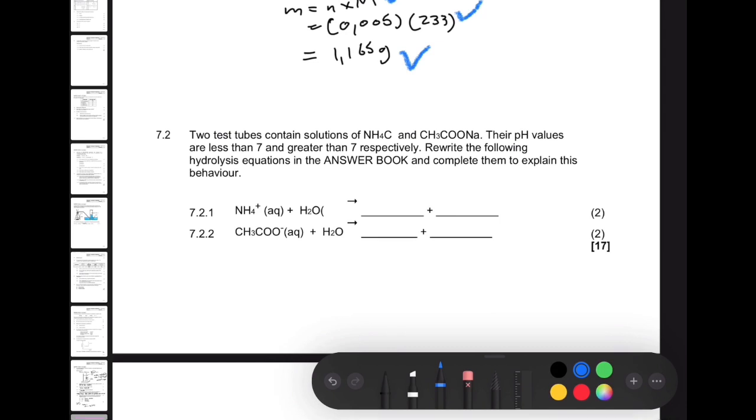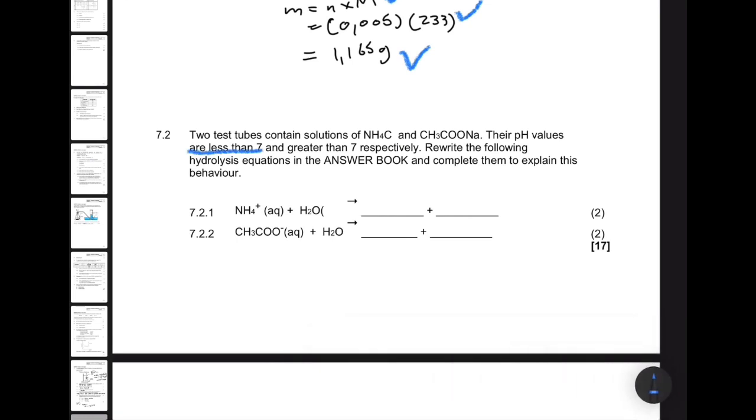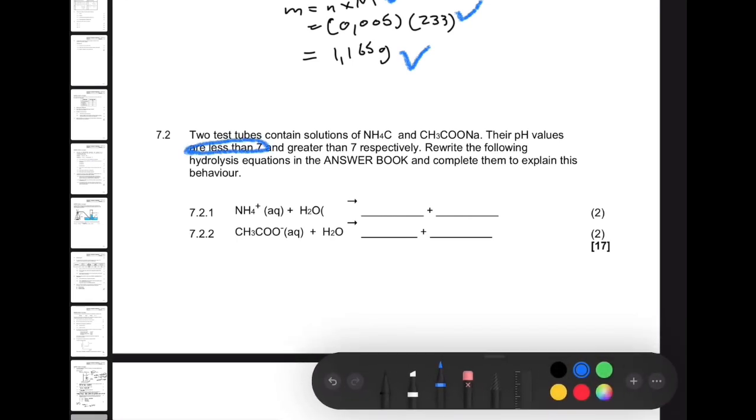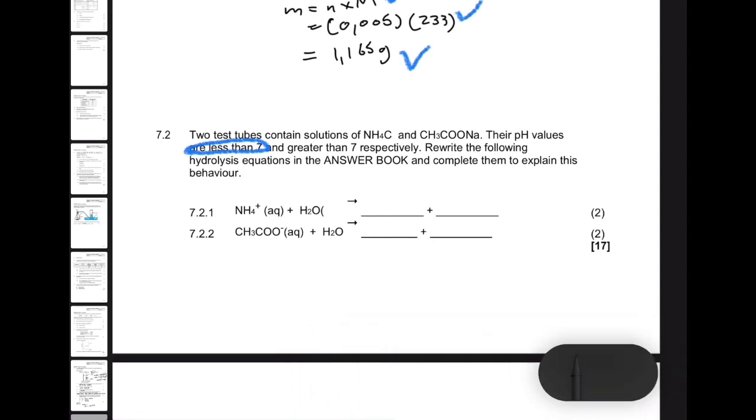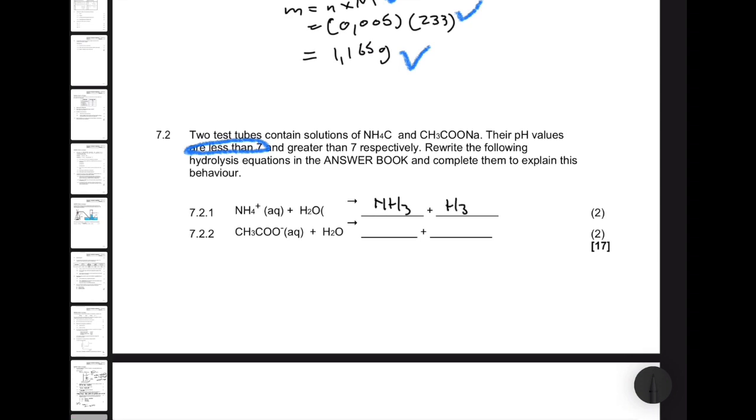So for NH4+, we are told that the pH is less than 7, so it is acidic. And if it's acidic, then it's a proton donor. So NH4+ is supposed to lose a proton, one hydrogen. So here we're going to have NH3 instead of NH4, because now we have lost a hydrogen, plus H3O+. And that's basically what you're being asked to do.